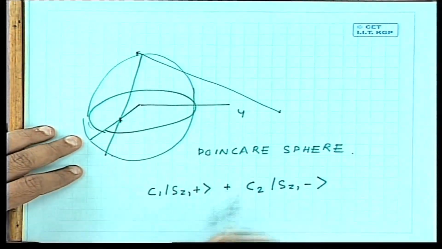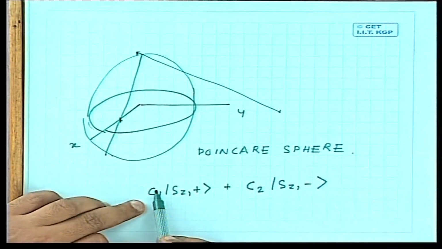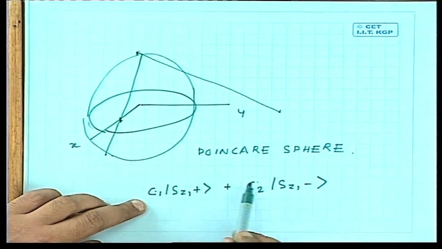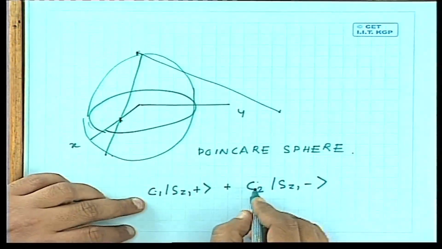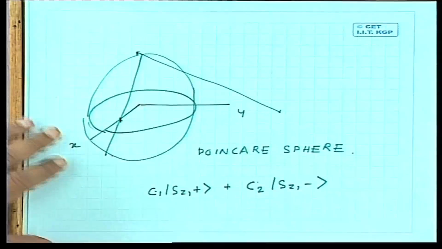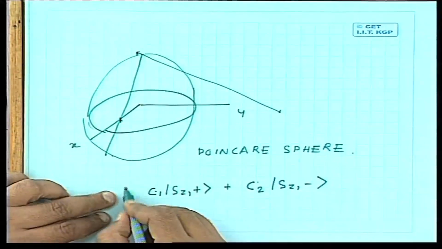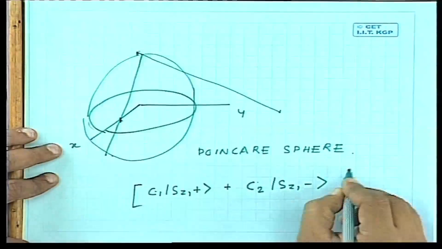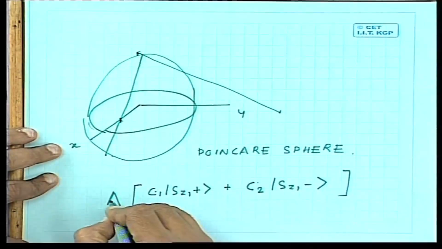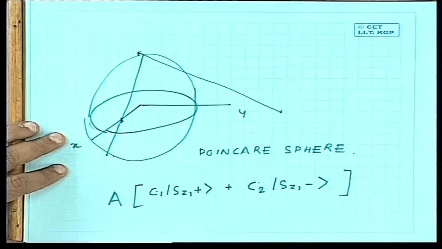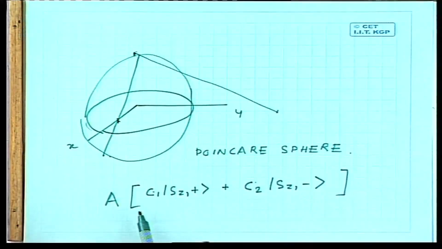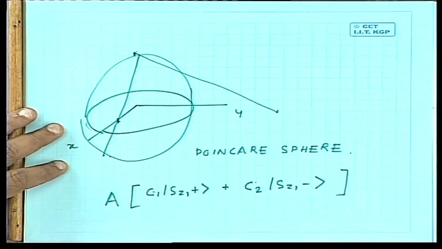So there are two complex numbers, and it is only the relative phase between these two, the ratio of C1 and C2, which determines the state, because an overall number over here, I can multiply the whole thing by some alpha, and it will not change anything, because finally I will want to normalize it, make it a unit vector.